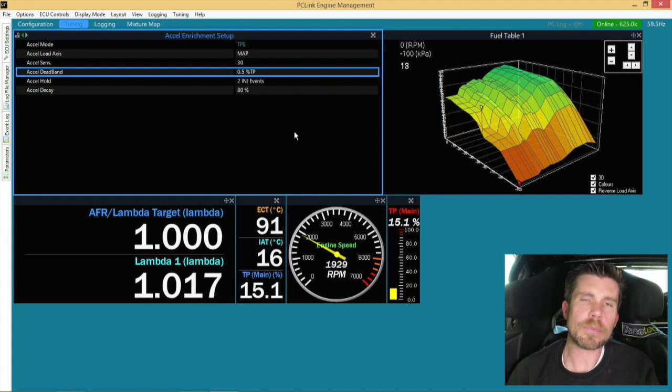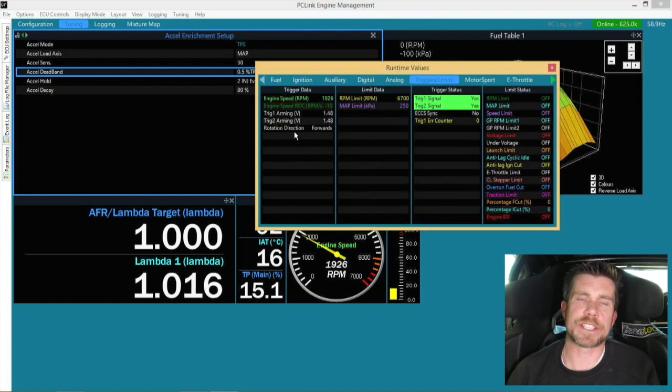Now, if I'm ever suspicious that I have a problem with acceleration enrichment happening in the background when I don't want it, the clue would be that I can't get consistent air-fuel ratios at cruise, and particularly if the numbers in my fuel table are inconsistent, moving up and down a large amount in surrounding rows.